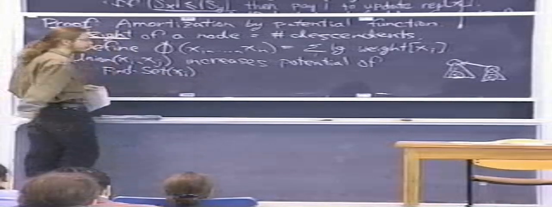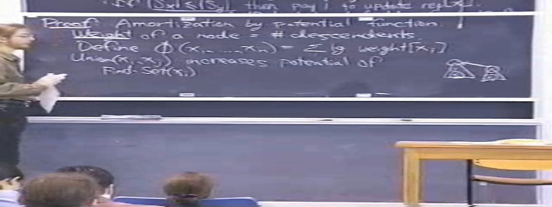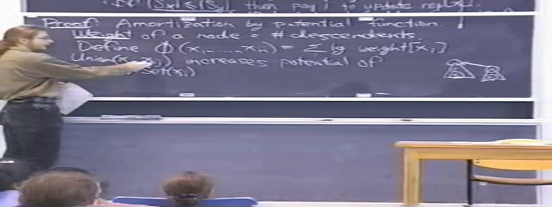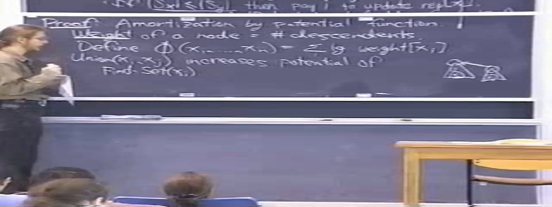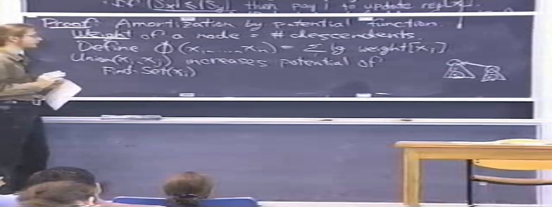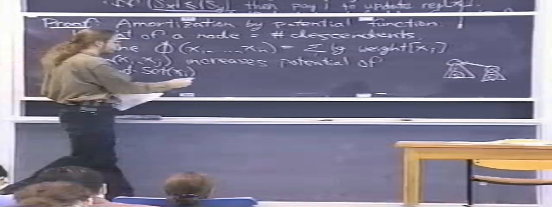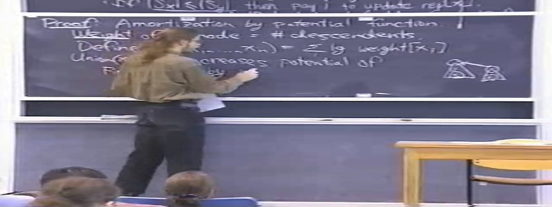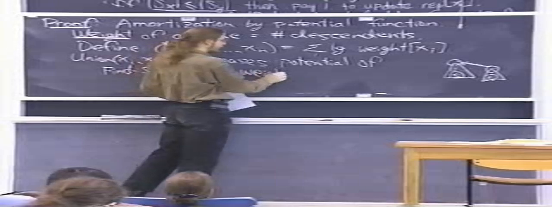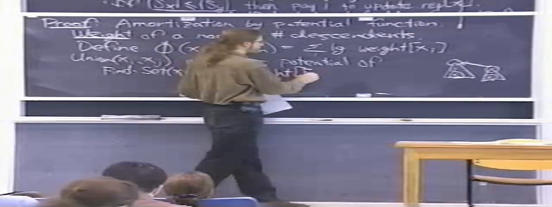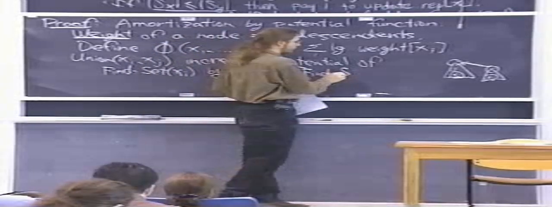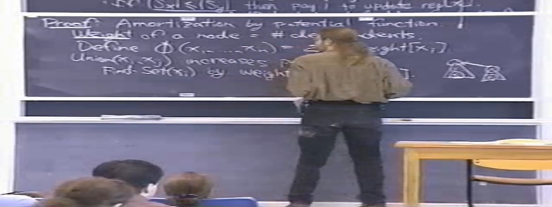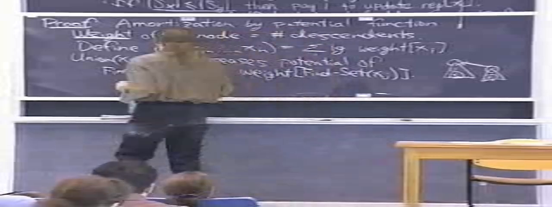Remember, this is trick 2 alone, so I'm not putting the smaller into the larger. I'm just going to put the second set into the first set, blindly. I claim it's still logarithmic. It increases the weight by the weight of the second tree, that is, the weight of the root of the second tree. Well, that's okay.